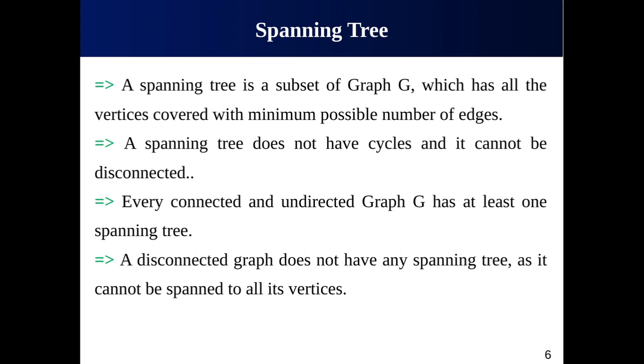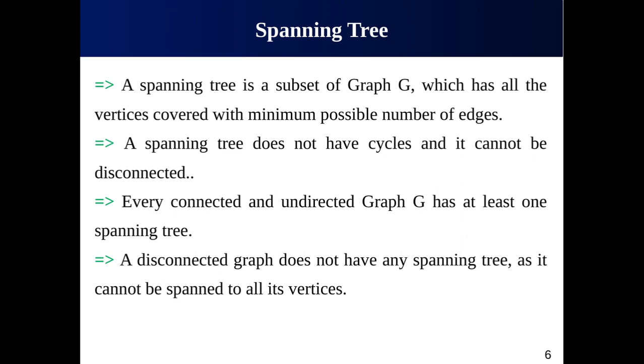So spanning tree is actually a subset of a graph. However, it must satisfy some properties. What are those? In a spanning tree, all the vertices are covered with the minimum possible number of edges.